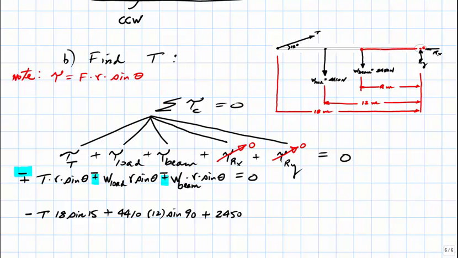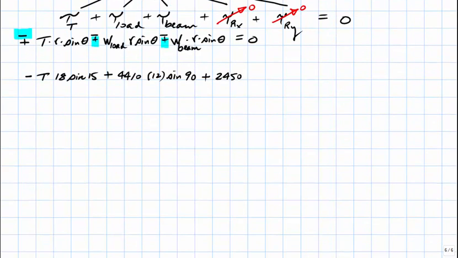I'll draw that temporarily. This is R out to the beam, and the length of this moment arm is 9 meters. Also, let's note that the angle between the moment arm and the weight is 90 degrees. Again, the length is 9 and the angle is 90 degrees.